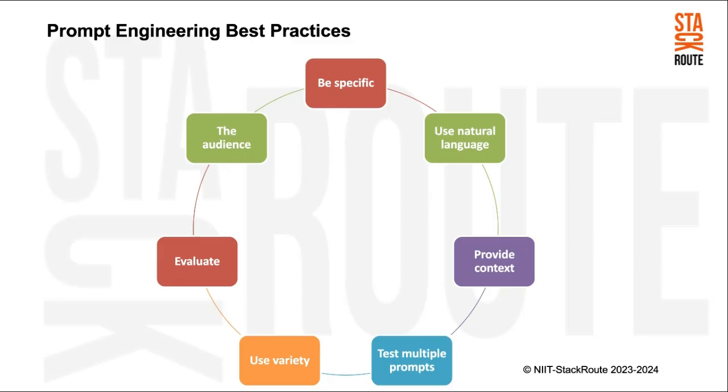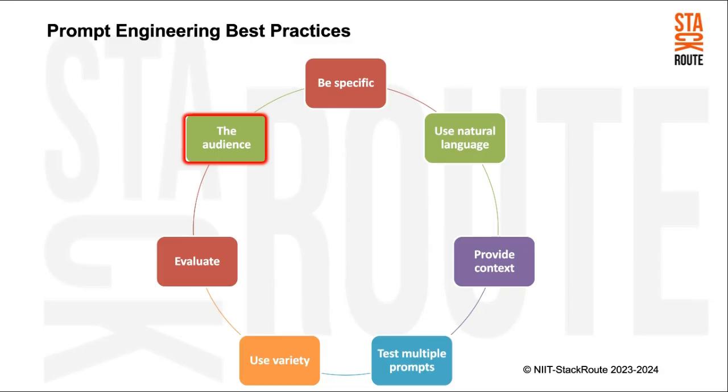And the next one is to evaluate the output. I think we have already covered it in the techniques. So evaluating means to evaluate the quality and relevance of the output generated by the model in response to different prompts. And finally, we have the most important one, the audience. Tailor the prompts to the intended audience or the use cases.